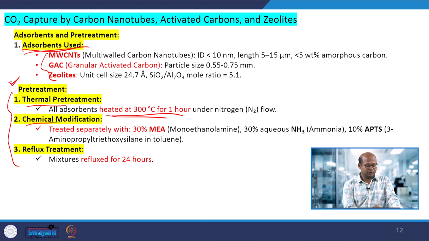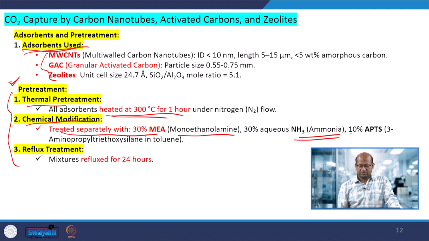After that we can do some chemical modifications using different types of amines. We can directly use ammonia or monoethanolamine to treat the materials, and then do some chemical modifications, or we can use APTS, that is 3-aminopropyltriethoxysilane, a silicon compound. So amine functional groups are present in that material, which we can use to modify it.